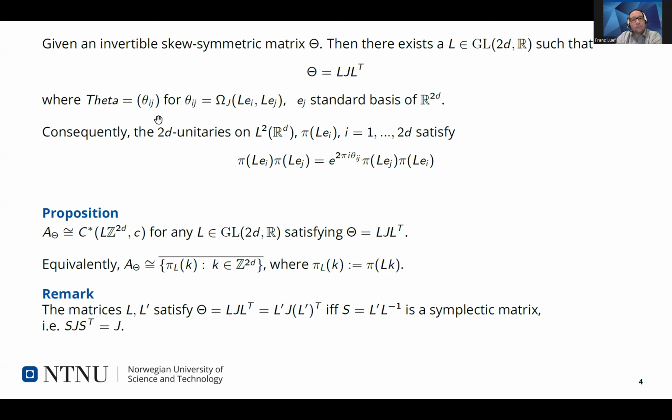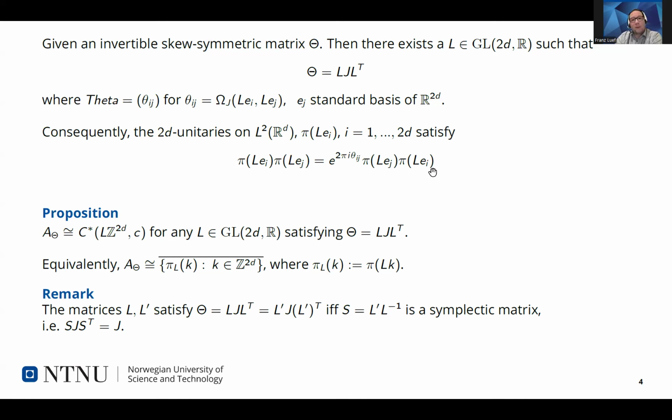Where if we use this setting, then our theta ij's become this symplectic form. So you take the standard basis vectors, you look at L of e_ij, and then you compute what's going on, and you see that the symplectic form becomes this symplectic form of the column vectors of this generating lattice matrix.